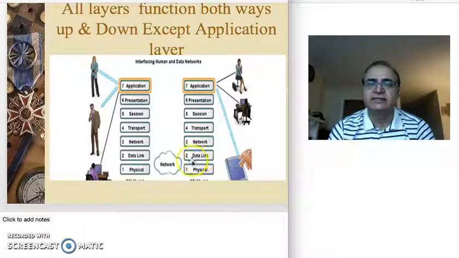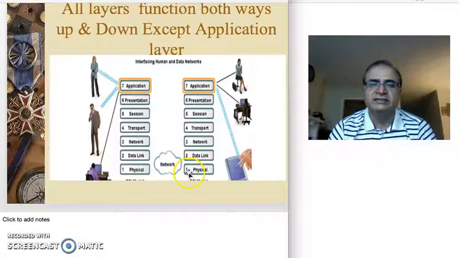Then the second layer is the data link layer. This layer decides the formation of the link between this device and the actual wire outside on which this data will be transmitted, or it decides the typical format in which the data will be sent. Then the next layer is the physical layer.